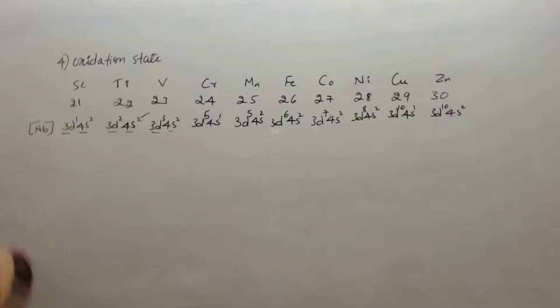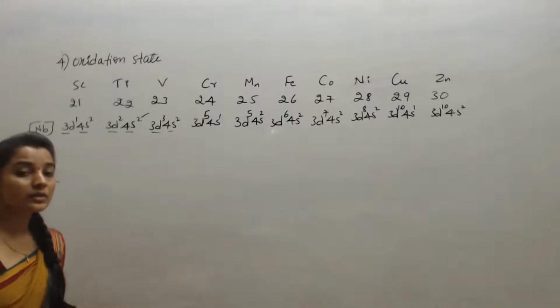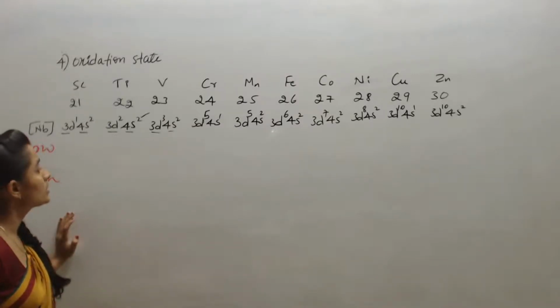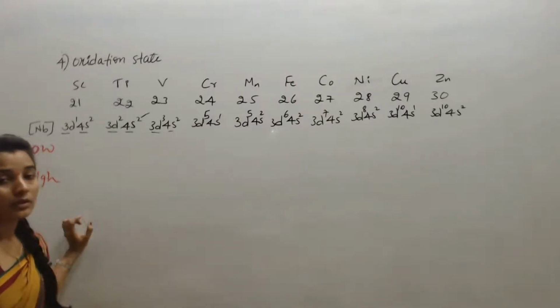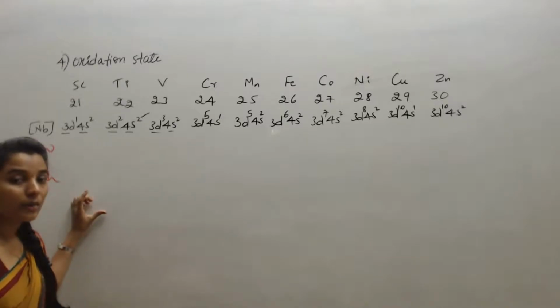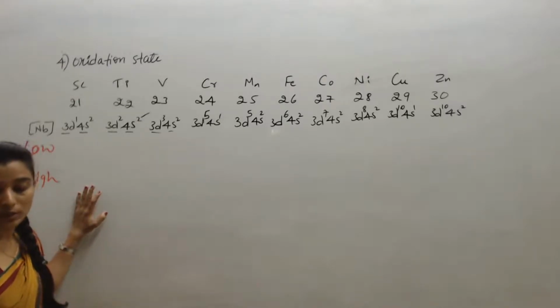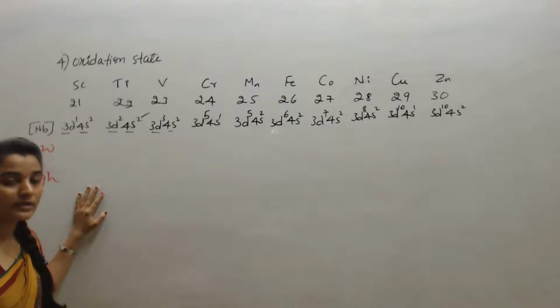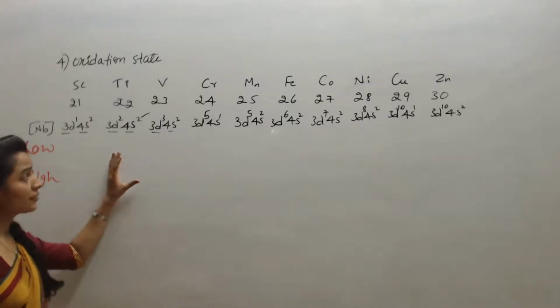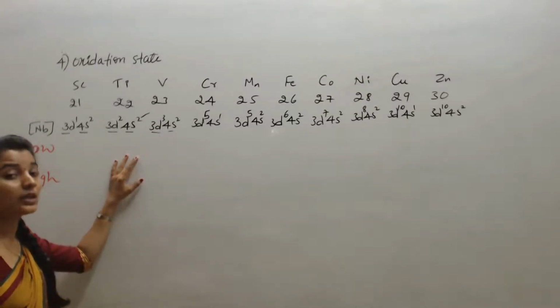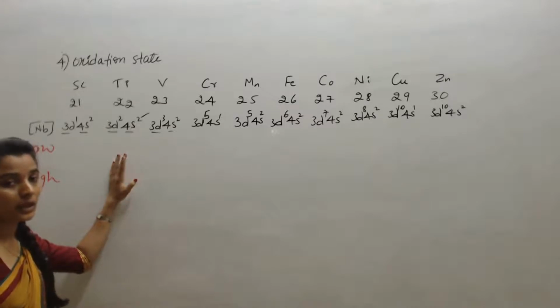So I write only low and high because we don't have much space. This is low oxidation state. This is high oxidation state. So listen, students. The oxidation state of the metals is equal to what? The presence of the number of unpaired electrons, may be. Okay, this is equal to the number of electrons, and especially unpaired electrons, which are present in them.